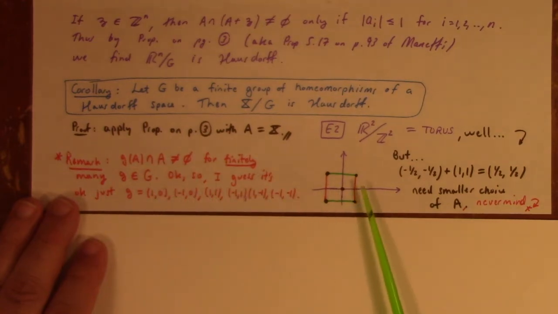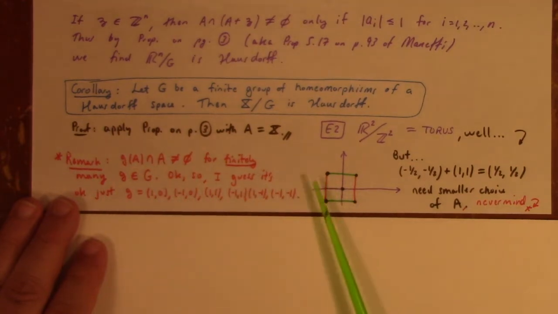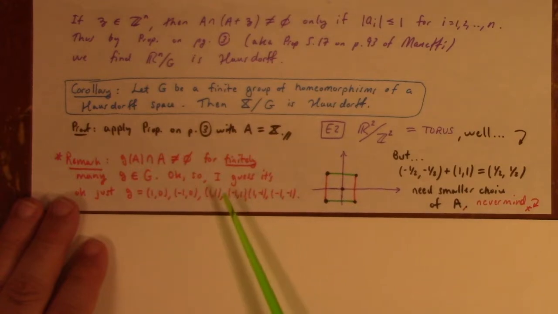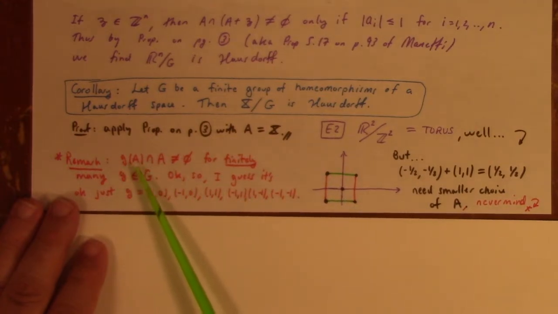But also, I think the only way you can start in A and then translate from A by an integer, and then have yourself back in A again, is if you're looking at G as either (1, 0), (minus 1, 0), (0, 1), (0, minus 1), (1, 1), (minus 1, 1), (1, minus 1), or (minus 1, minus 1). Hopefully I got them all. Of course there's the identity: A intersect A is A again.